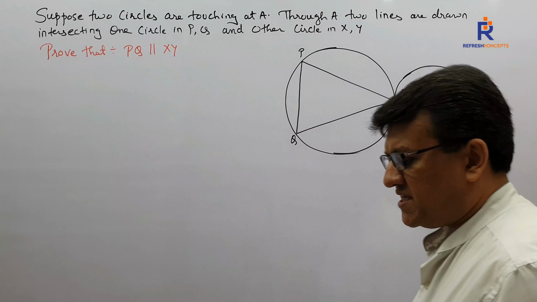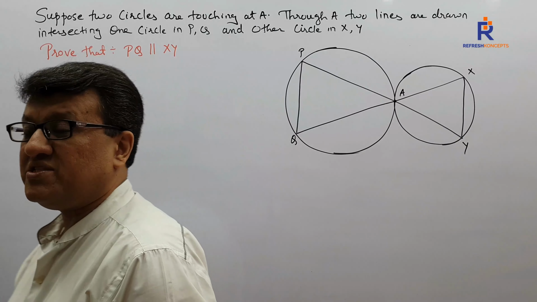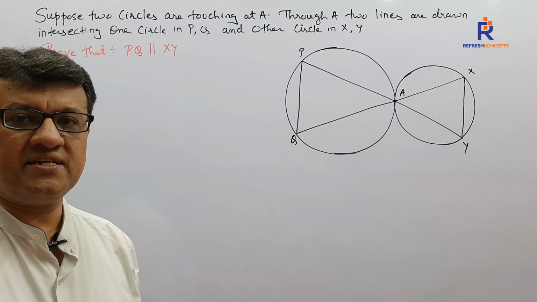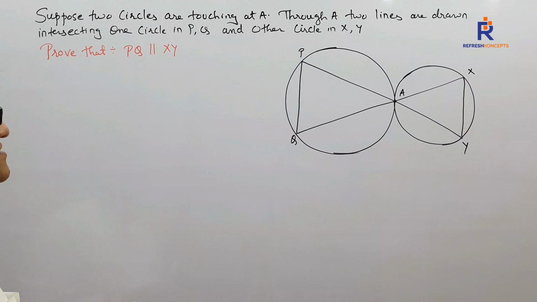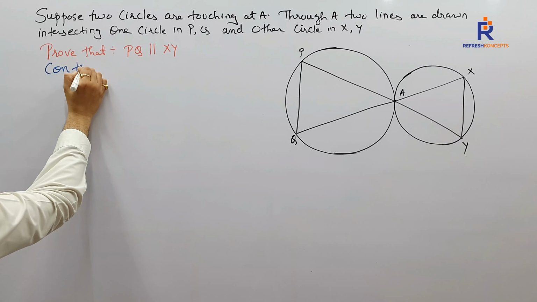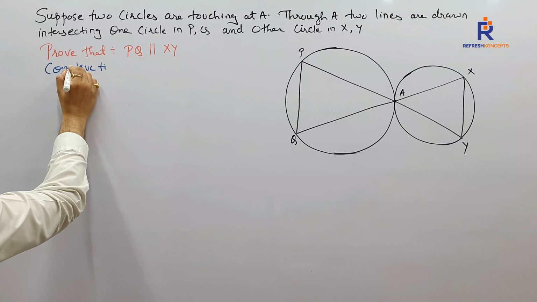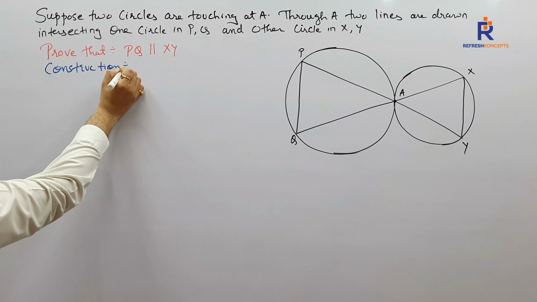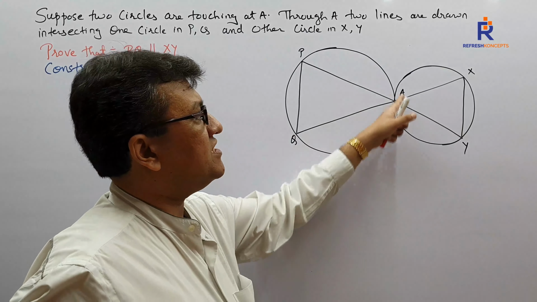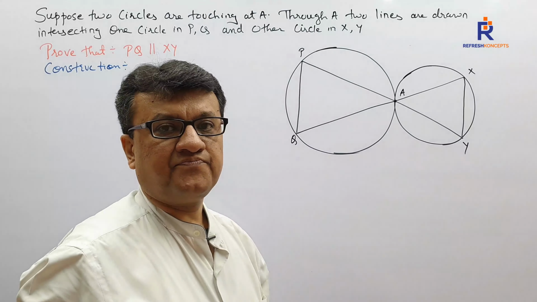There is a very important construction. If you do that construction, then and only then can you get this particular solution. Otherwise, it's difficult to get it. So please don't forget this construction. What is the construction?